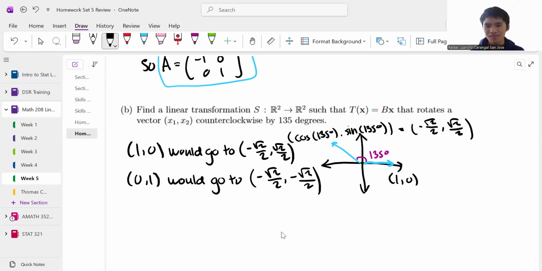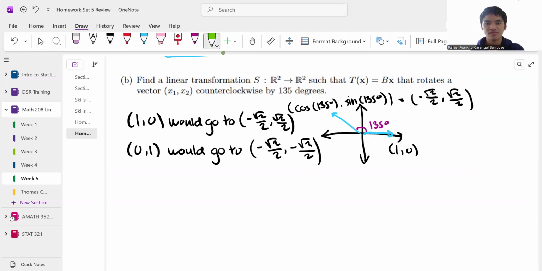Okay, that's the intuition behind it. This thing is also a 135-degree angular rotation of the vector, the green vector. This one's the blue vector.